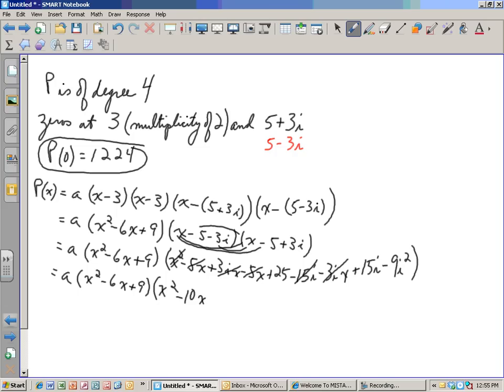Negative 15i plus 15i cancel. And I have the 25 plus 9 is 34. What's missing? The a. Let's find the a.